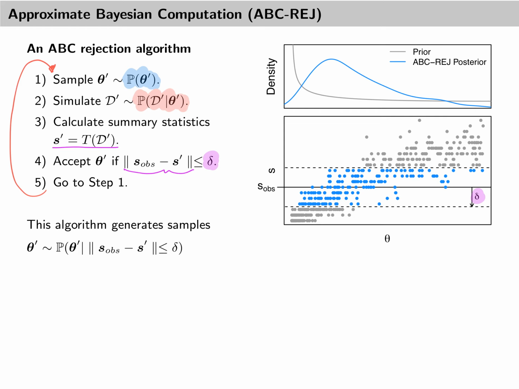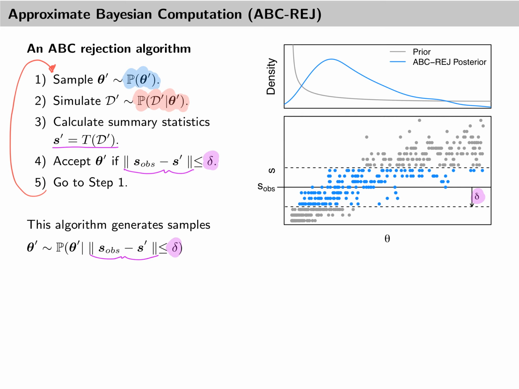Specifically, this algorithm generates samples from the following distribution. It's a distribution of the parameter vector given that the resulting summary statistics S are close to S observed, as quantified by a distance metric as well as a threshold delta. This distribution reflects the two general approximations almost all ABC algorithms make. First, we replace the data by some summary statistics.